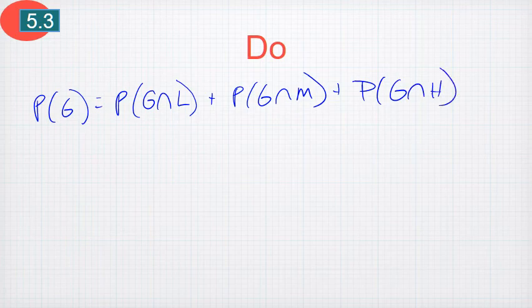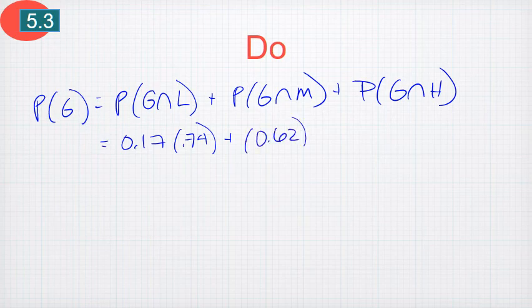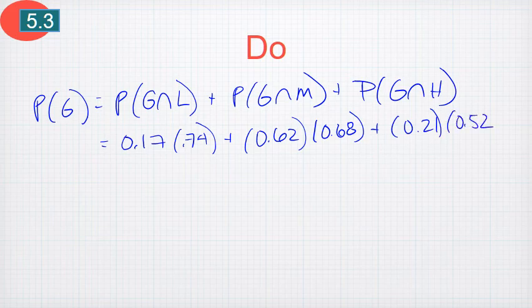So to find these, I go back to this original problem. The good grades is 0.17 times 0.74, plus 0.62 times 0.68, plus 0.21 times 0.52. Again, all I'm doing is multiplying my branches.